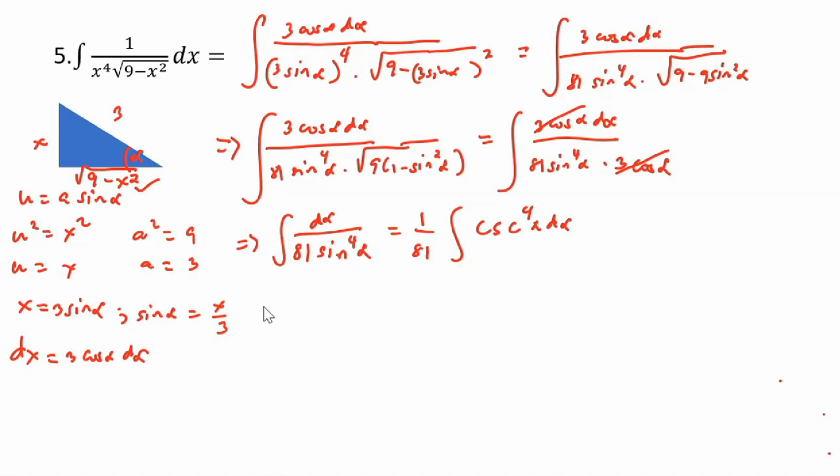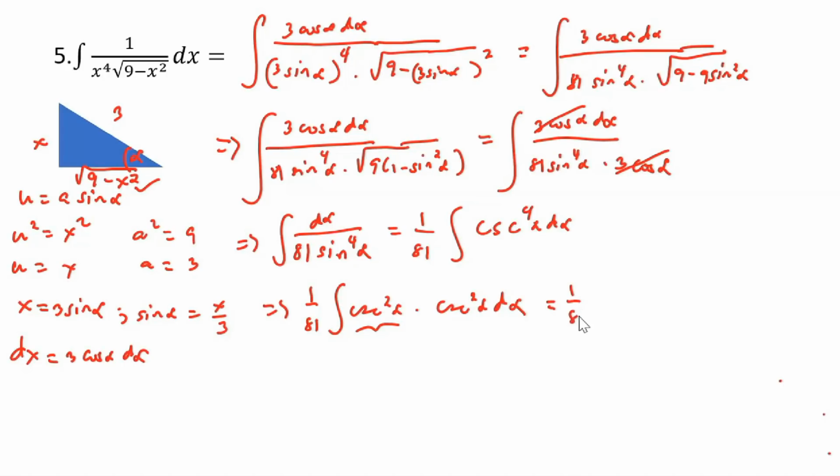From here, we can now write as 1 over 81 times, we'll factor that 1. So we have cosecant squared alpha times cosecant squared alpha d alpha. For one of the cosecant squared alpha, we are going to use the Pythagorean identity.